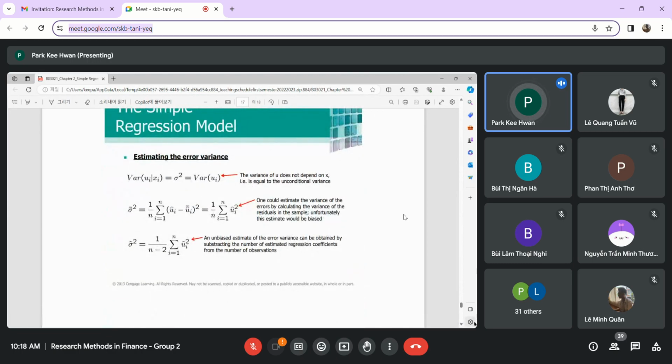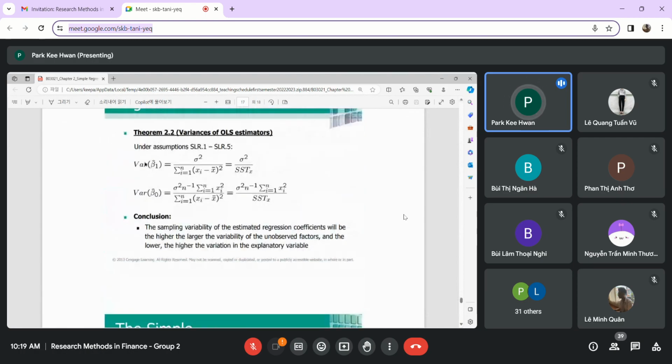Now, the next question is how we calculate this, because in order to compute this formula, we have to know this sigma square. This is the variance of the error term in the population. We never know it. Then how can we compute the variance of the slope parameter?